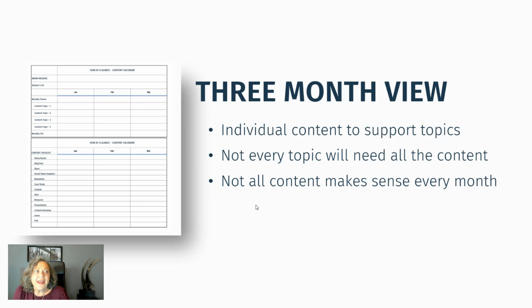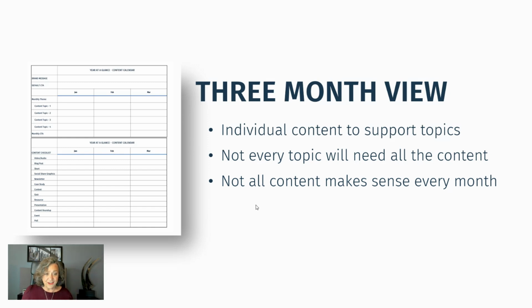But not every topic is going to need a video, an audio, a blog post, a social share. And not all content makes sense every month. Maybe the theme you're doing this month, creating a poll or hosting an event, just doesn't fit. In the content calendar, you've got all sorts of options.